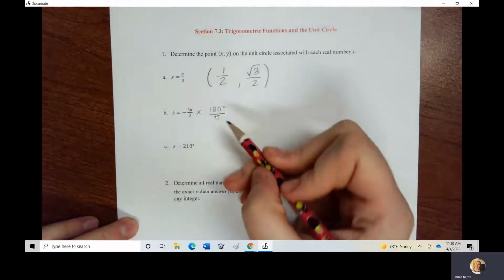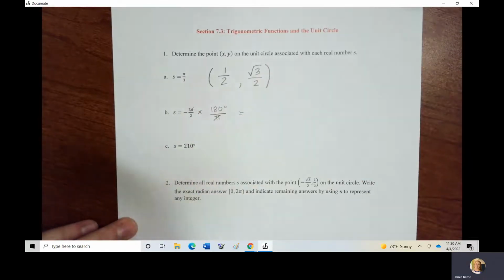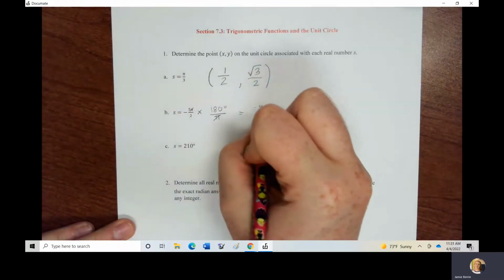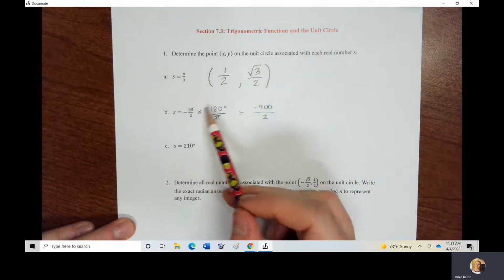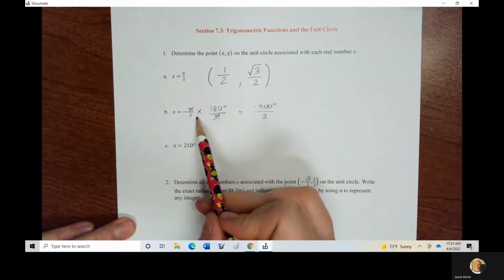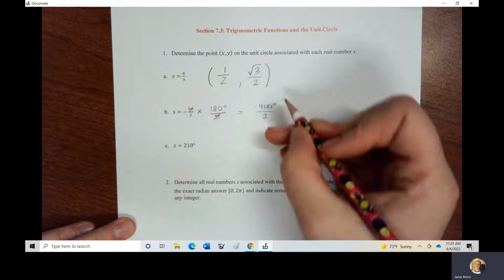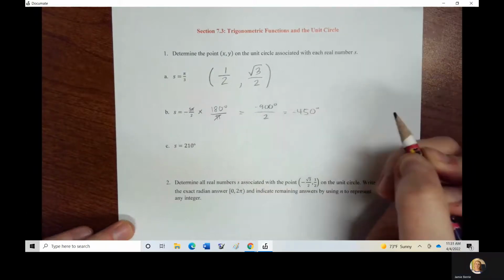It's going to cancel my pi's. That gives me negative 5 times 180, which is negative 900 over 2. Negative 900 degrees over 2 is negative 450 degrees.